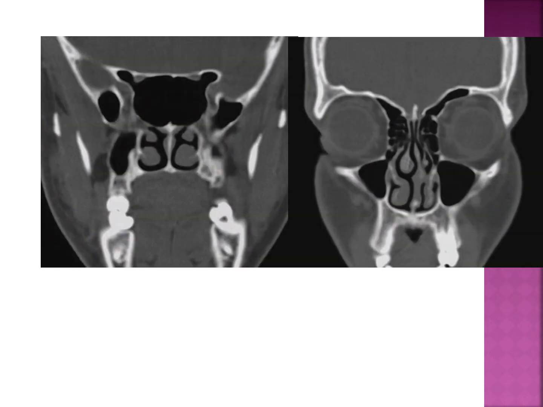This is a coronal cut CT scan as well, showing the sphenoid sinus on the left and maxillary sinus on the right image, as well as the ethmoid sinuses. Part of the frontal sinus is also viewed in this CT scan.